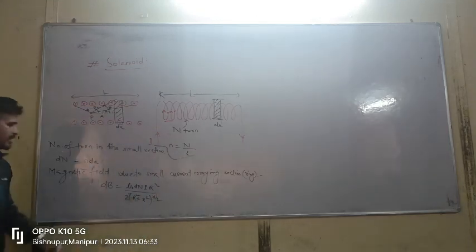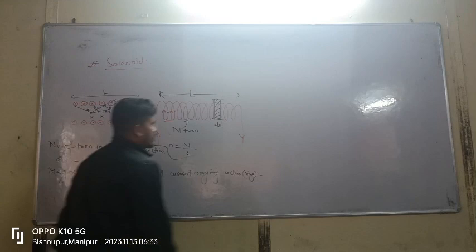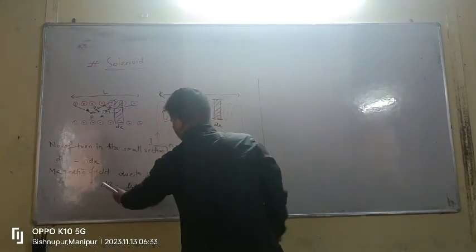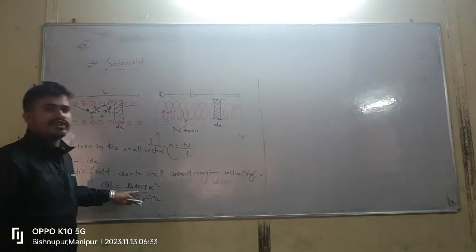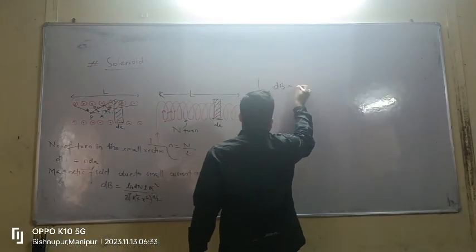Yes or no? Is it dB? Got everyone or no? Okay. Now, what will be the magnetic field? Put the value of dn here. Yes or no? Means dB equal to what?